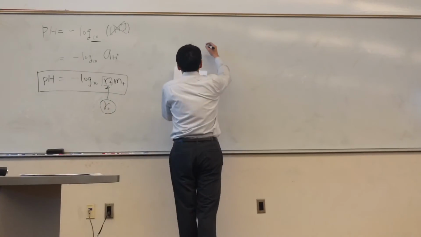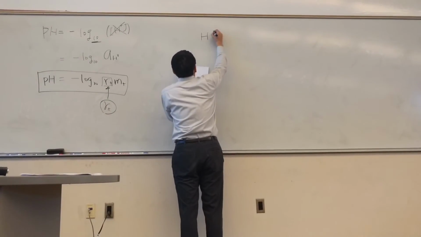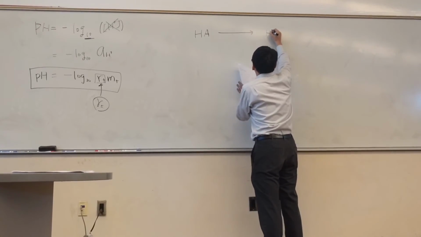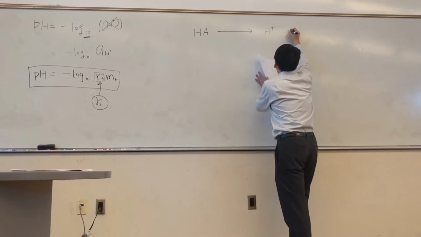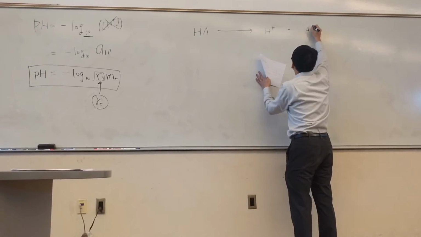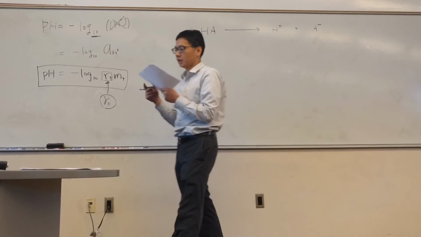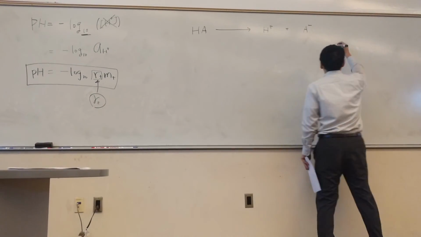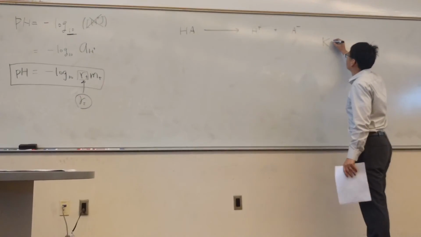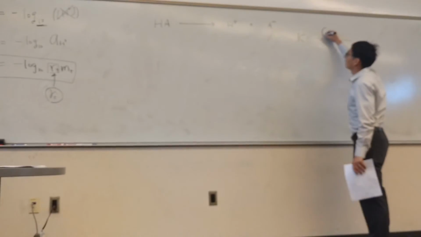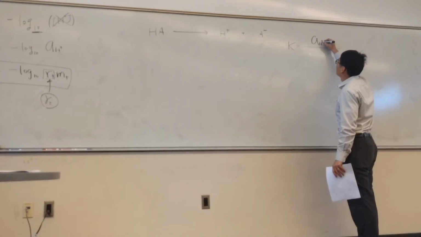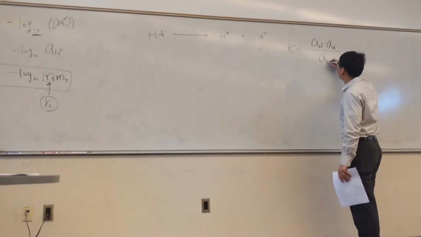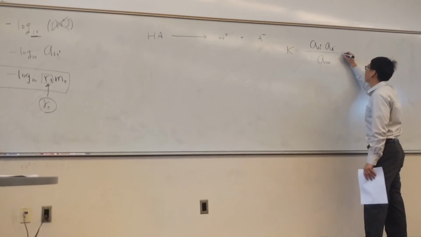Alright, so let's think about the system. HA becoming H plus and A minus. How do you write the equilibrium constant K? K is equal to a H plus times a A minus divided by a HA.